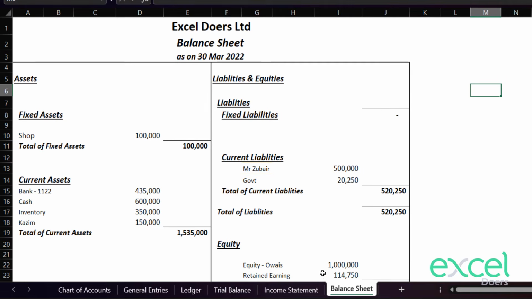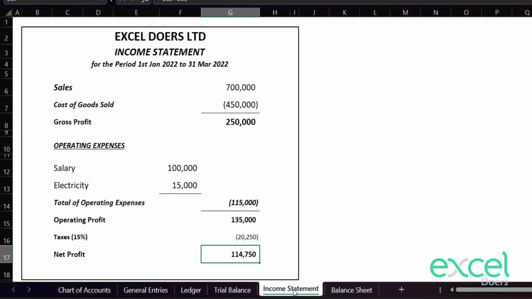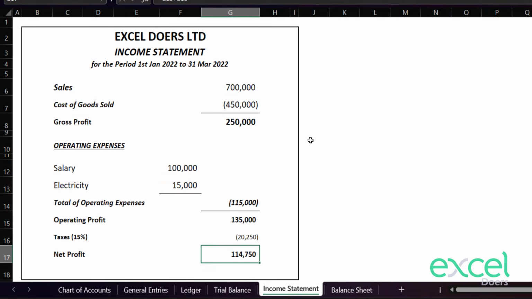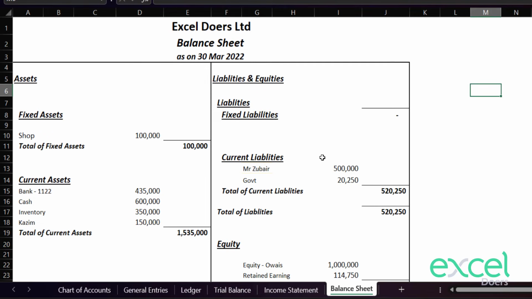The cash flow statement cannot be created before the income statement, and none of the financial statements can be created before the trial balance. So make sure your trial balance is ready. Then you create the income statement, in which you calculate your net profit or net loss, and based on that complete your balance sheet.